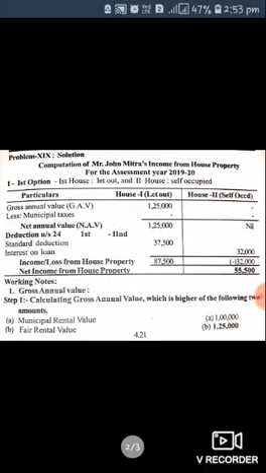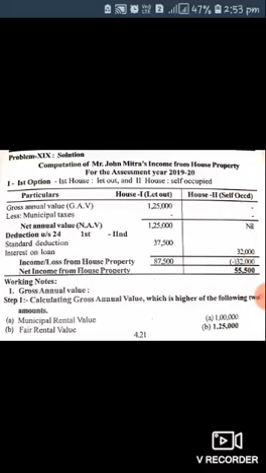So here is the computation of John Mitra's income from house property for the assessment year 2019-20. First option: first house let out and second house self-occupied. If the house is let out, the gross annual value is 1,25,000.